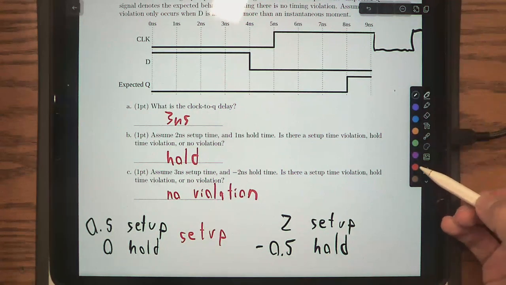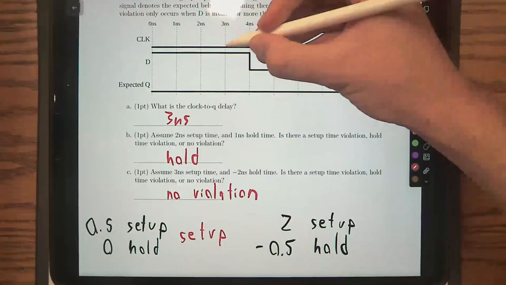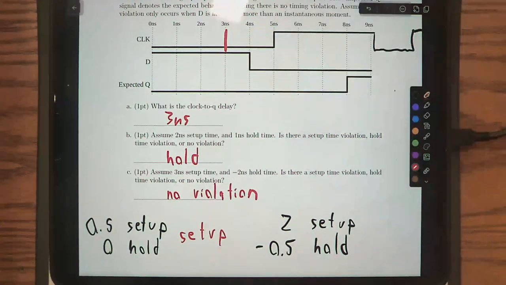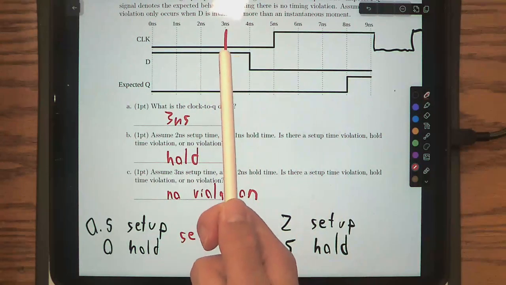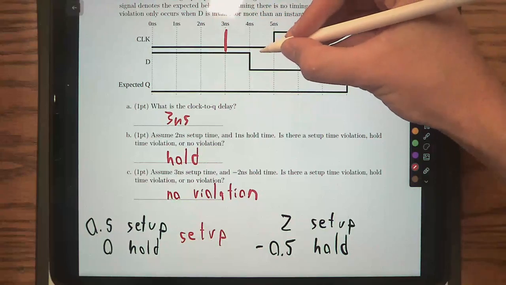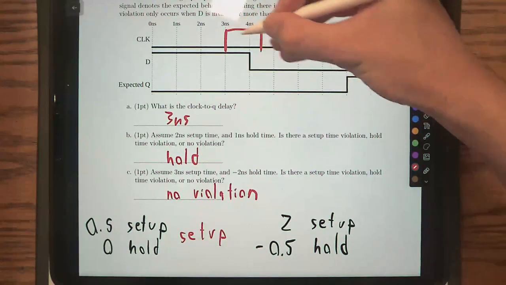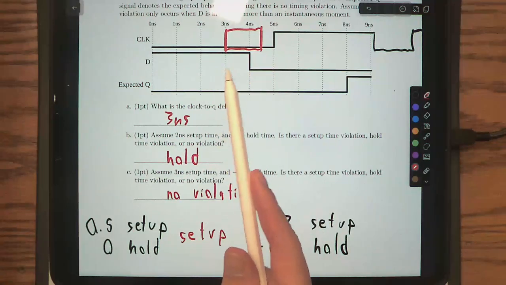Okay, so 2 nanoseconds before this clock edge, are we set up to the correct value? Yes, we were expecting 1, we receive 1, good. But now if we go over to where the hold time ends, so here's now our aperture, was D held for the expected value for this whole period?